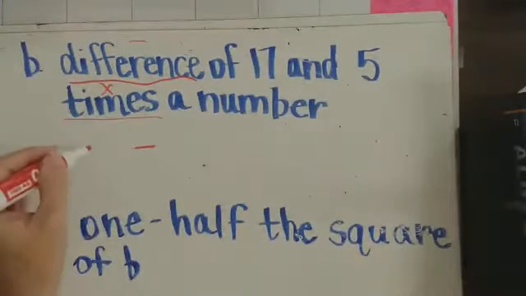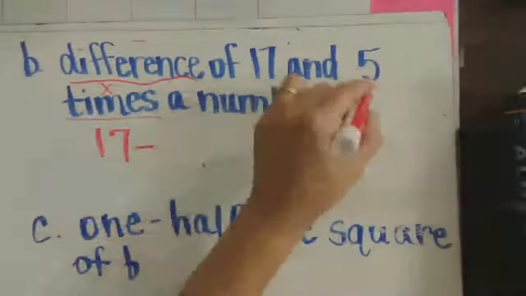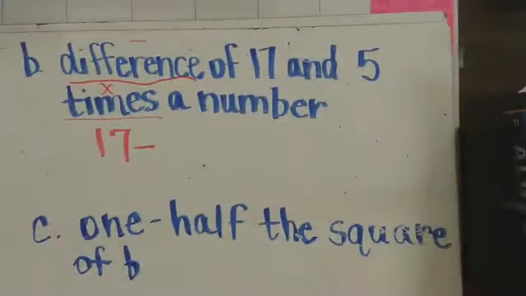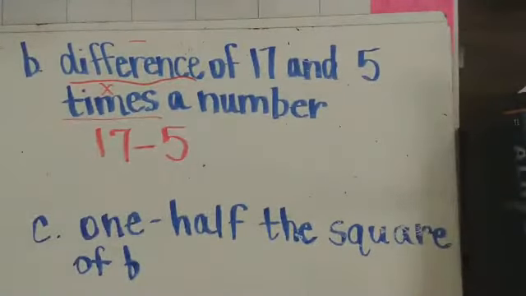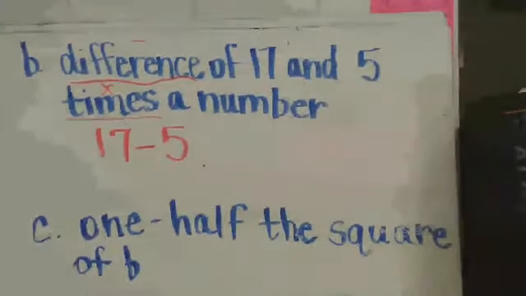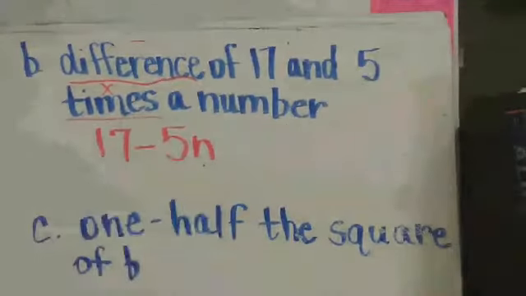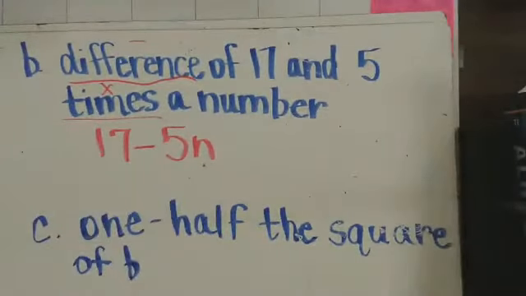It starts out with the difference of 17. And then we have, after our subtraction sign, 5 times a number. It does not tell us what the number would be, so we get to pick a variable. 5 times a variable: you do not need a multiplication sign between the number and the variable.